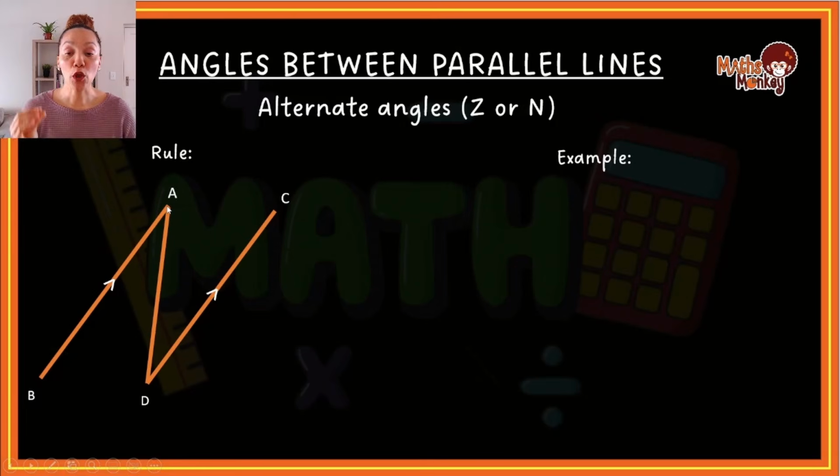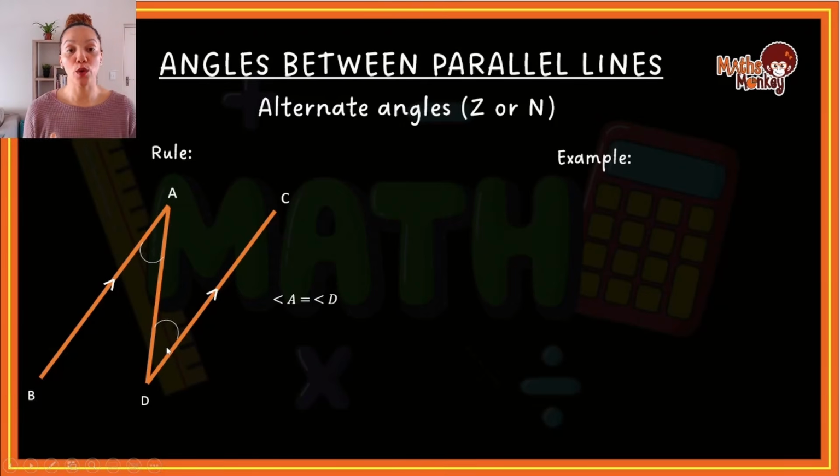However, when you have a line going through both of these parallel lines, like AD is, then the angles in the corners here will always be equal to each other. So in other words, angle A, which is this angle, will then be equal to angle D.